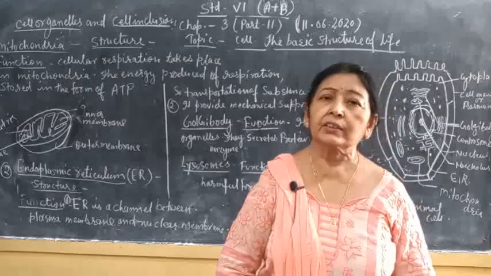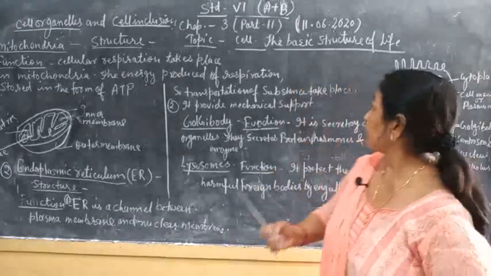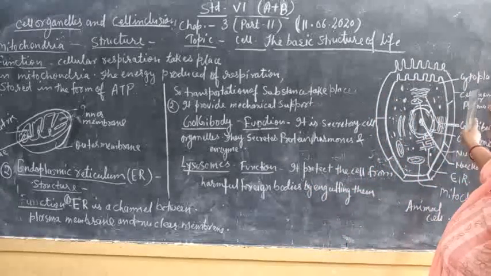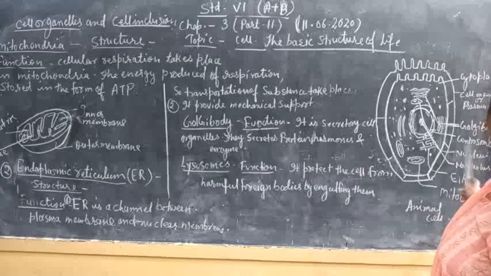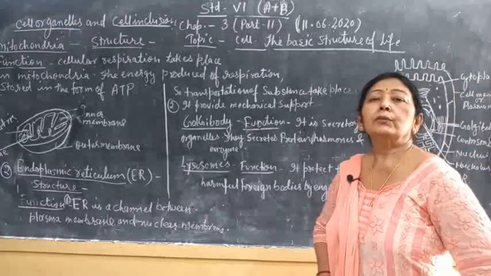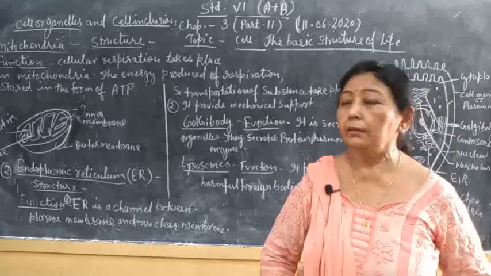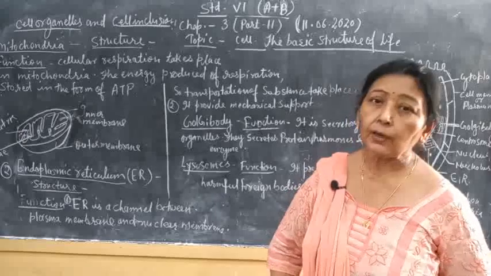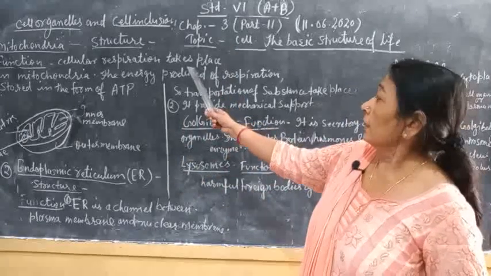Some basic structures such as cytoplasm, plasma membrane or cell membrane, and nucleus are similar in both cells. Today we start cell organelles and cell inclusions.